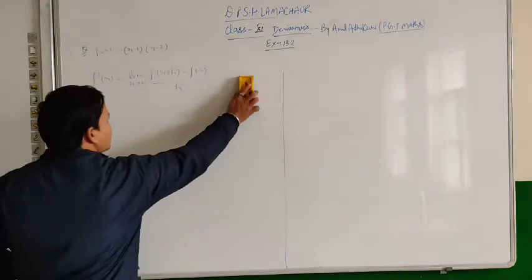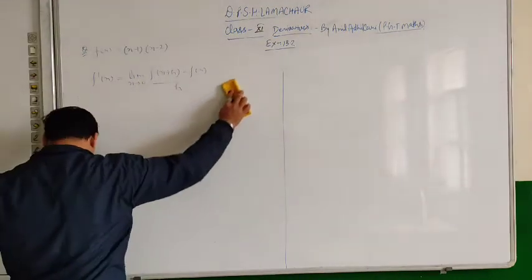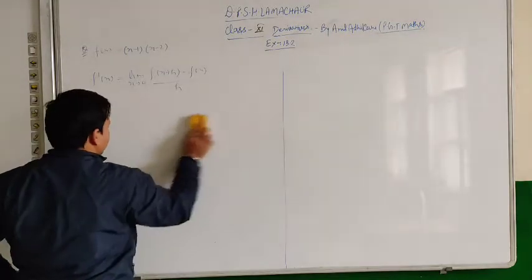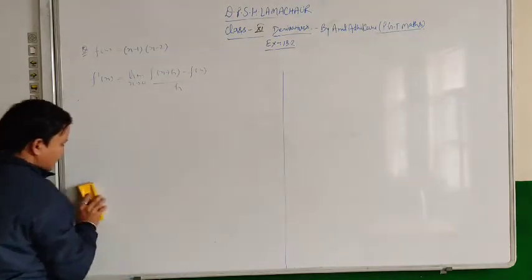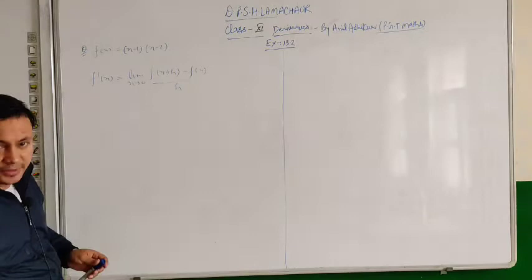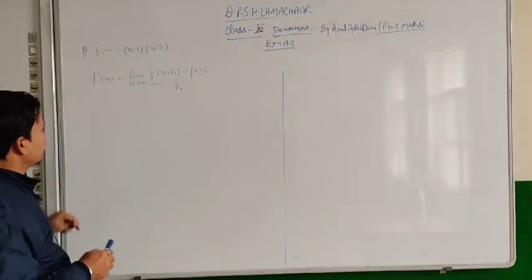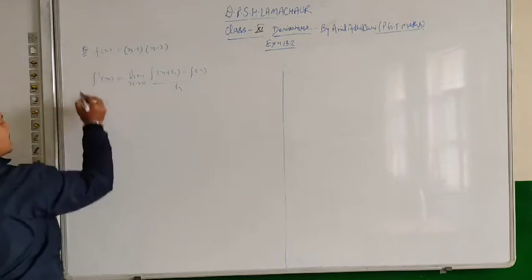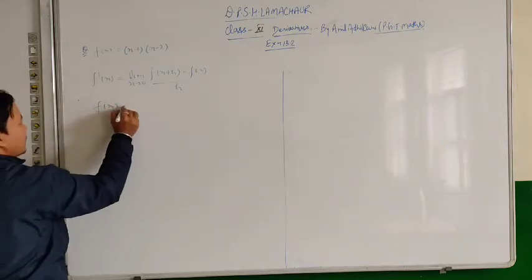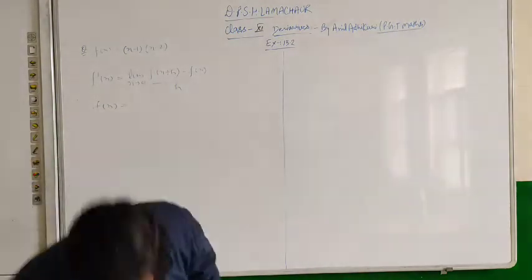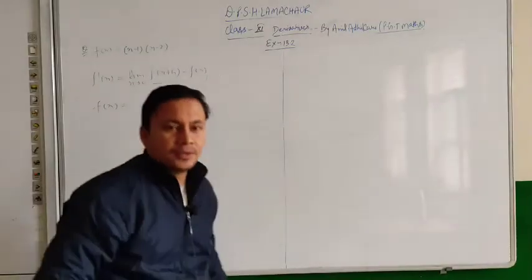Since there is moisture on the board, that is why writing on this board is very tricky. So since f(x) is given as x minus 1 into x minus 2, we will multiply it.